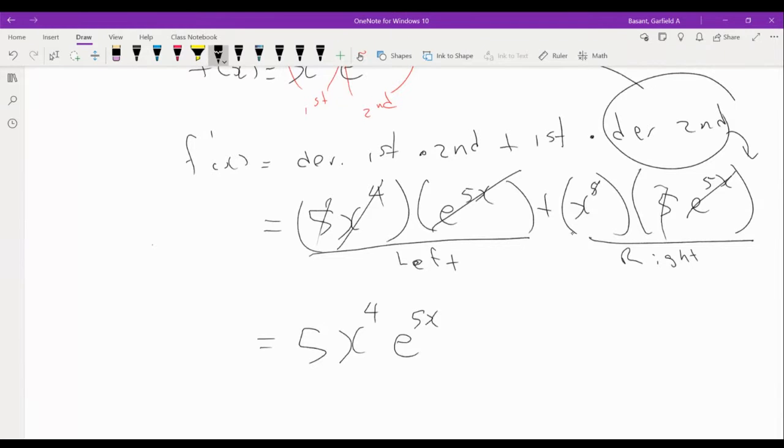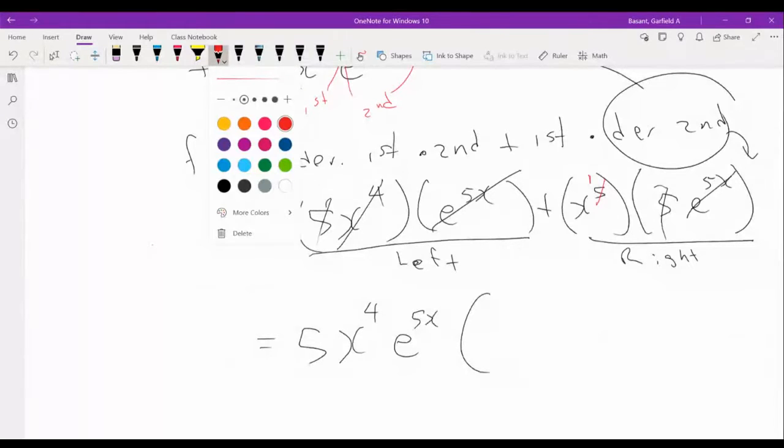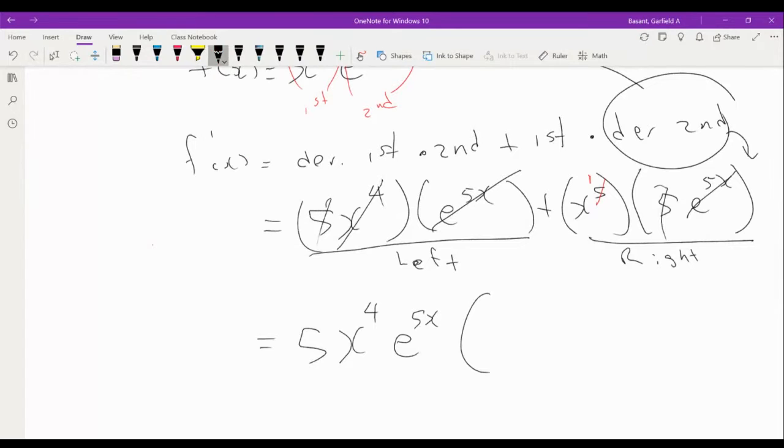So what's left behind to go in the parentheses? X to the 8th. Well, hold on, that's not an 8, sorry. It was a 5. What I was saying is we took out 4 of them, so we only have 1 left. But what about the left side? On the right side, we're going to have an x left. I agree.